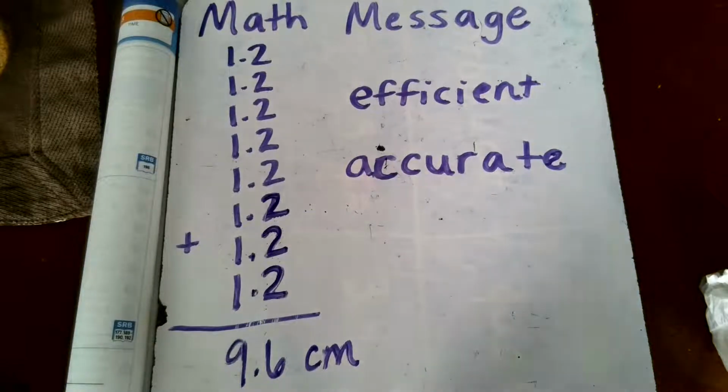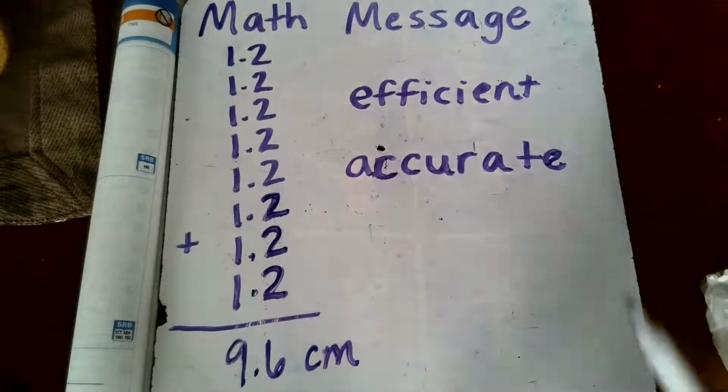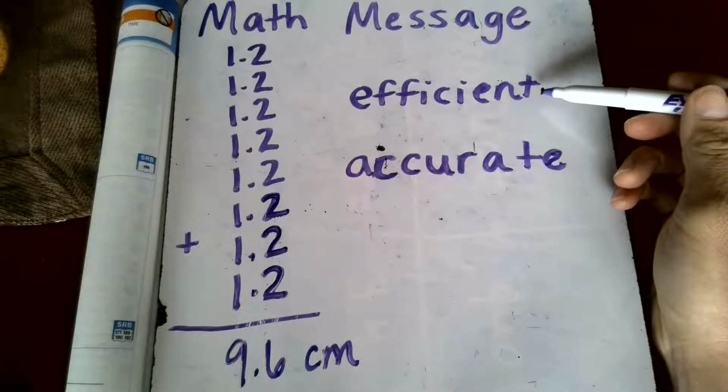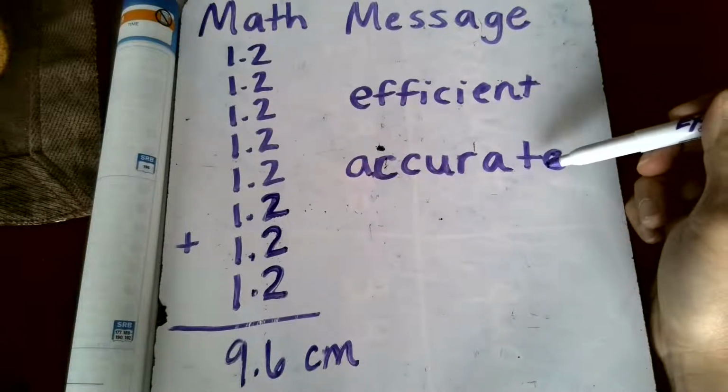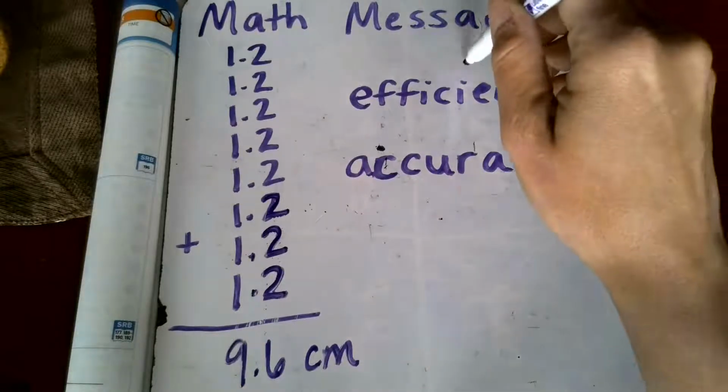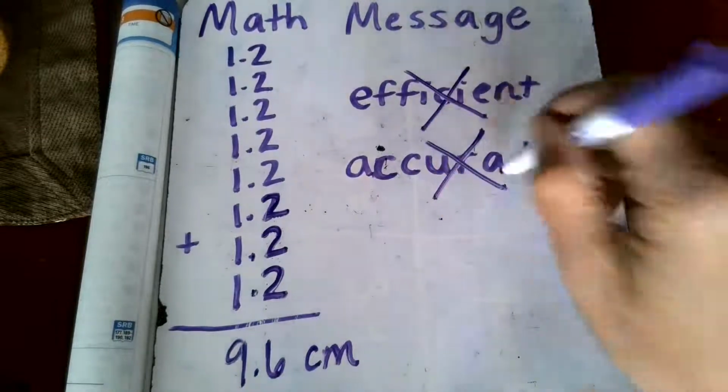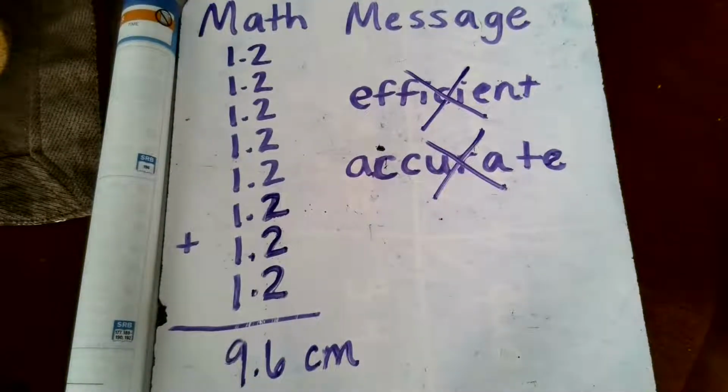Yes. Is it a strategy? Sure. But it kind of breaks the 2 rules for 5th grade math. It's not very efficient. It took you a while to get your answer, and it's not very accurate because you're adding a lot of numbers and there's a lot of room for mistakes. So that is why I would prefer that you don't do this strategy.